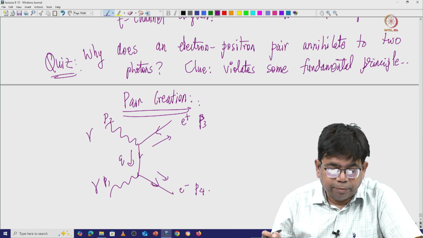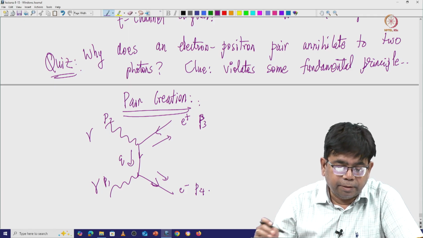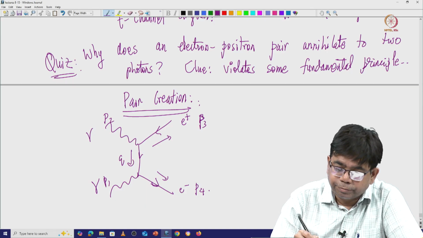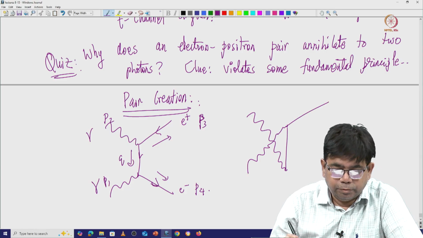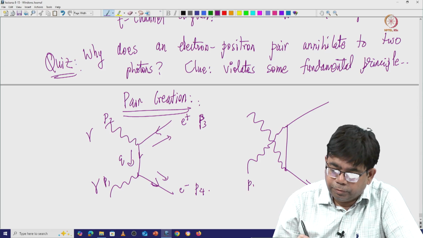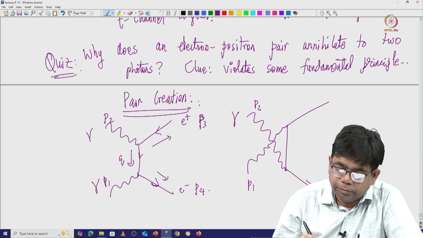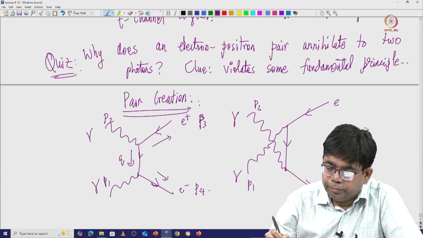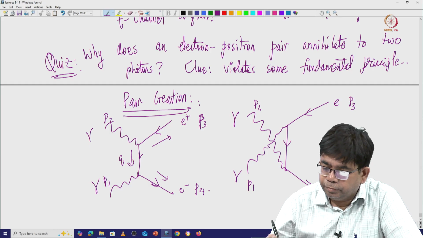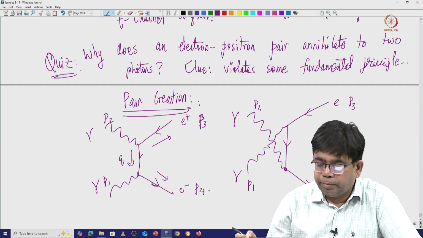Can you have a diagram in which there is an exchange? So at the vertex the momentum is changed.